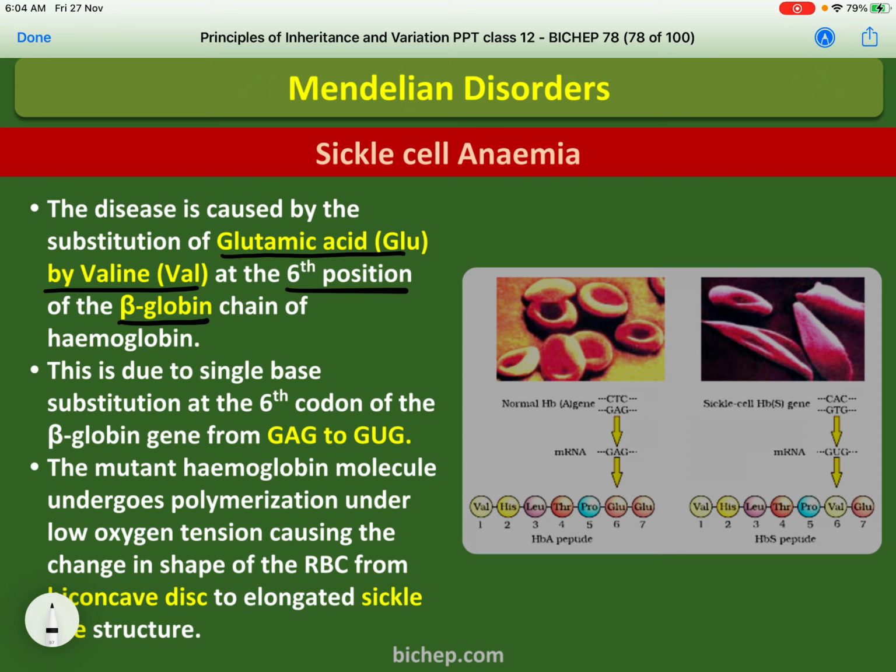Let us first discuss about the structure of hemoglobin. Now, as we know that hemoglobin is having 4 polypeptide chains, 2 alpha polypeptide and 2 beta polypeptide.